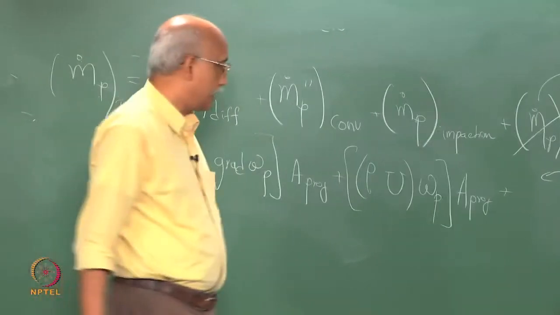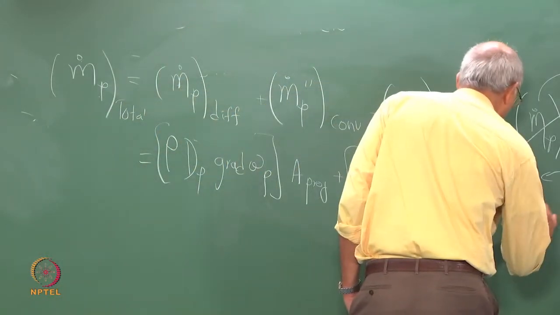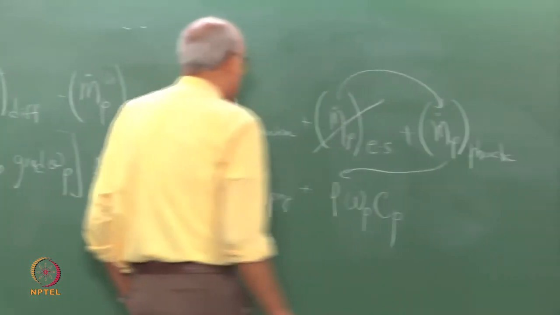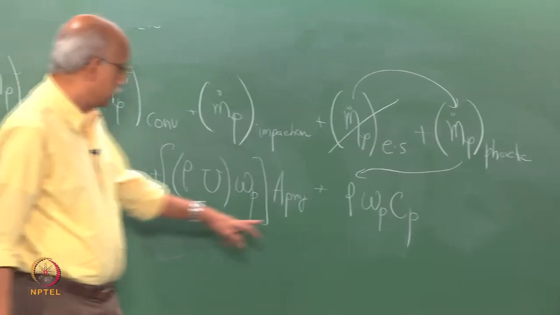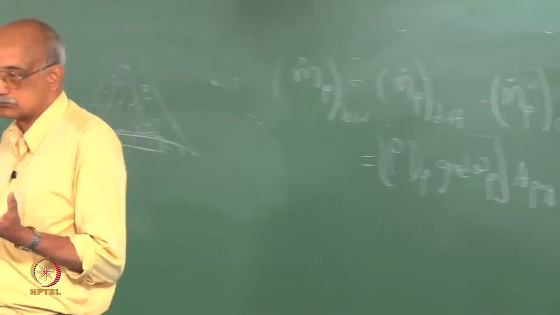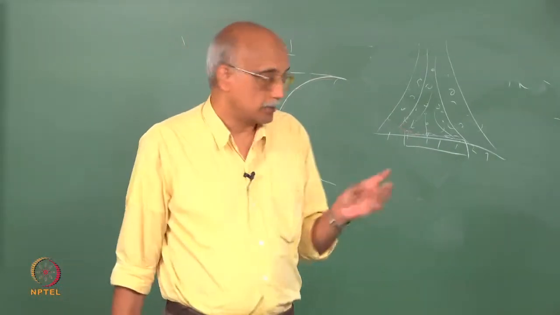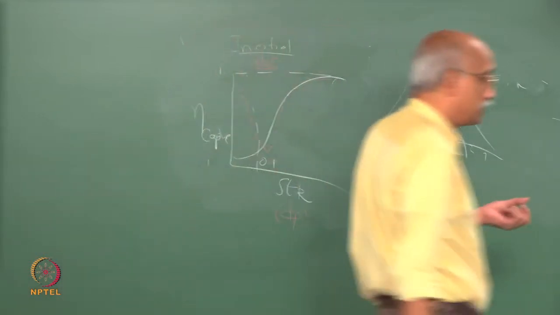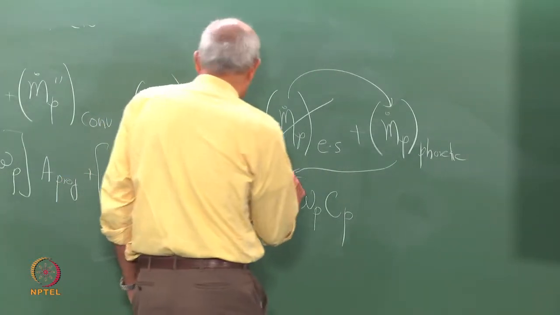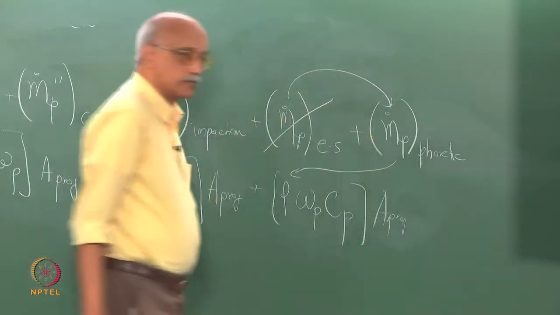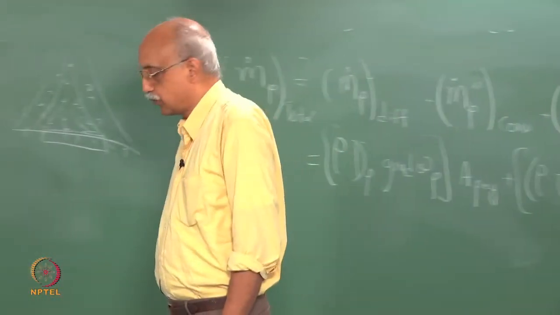In general, you can write that as rho times omega p times Cp, where rho times omega p represents the total mass of particles in the fluid, and Cp is the velocity associated with this phoretic field, and again this will be multiplied by A projected. So, what do we mean by phoretic velocity?